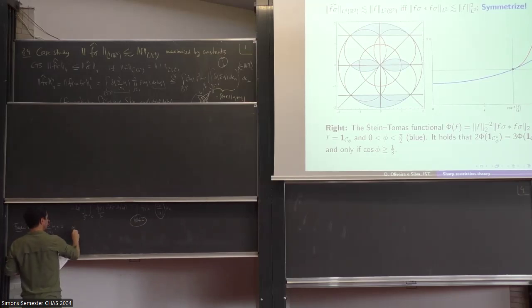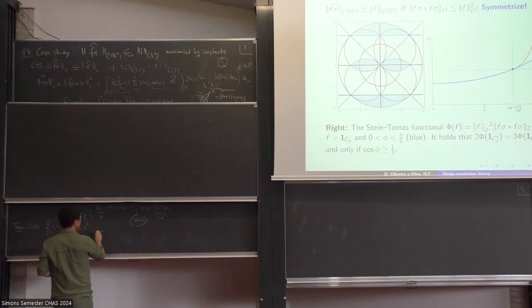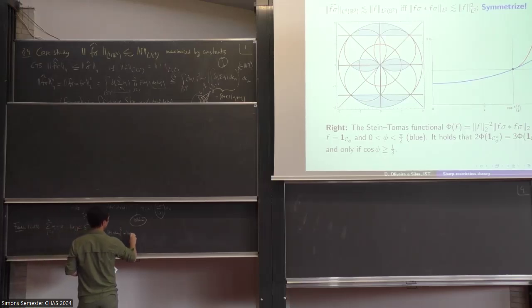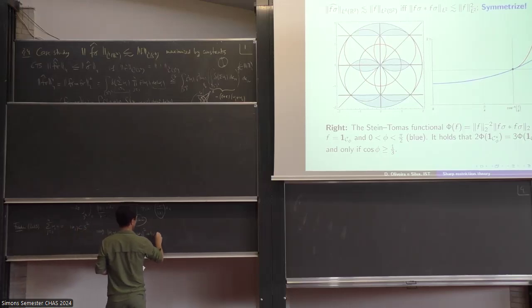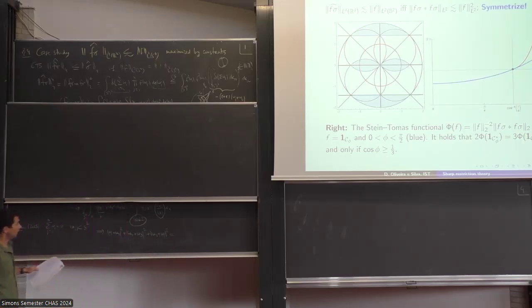Okay, so for these, you have 4 unit vectors that sum up to 0. There's something special that you can say about this one: omega 1 plus omega 2, squared; omega 2 plus omega 3, squared; omega 3 plus omega 1, squared. What is this?